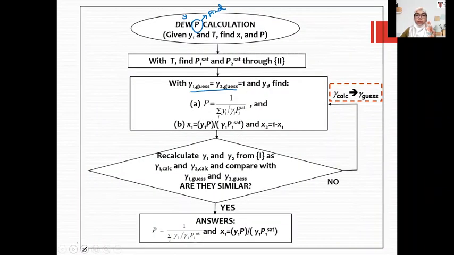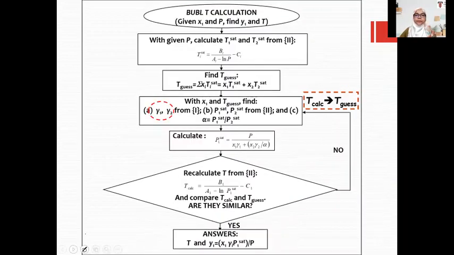That's why we need to guess the value of activity coefficient first, and then after that, when you compare and the calculated and guessed values are similar, you can stop your iteration. Otherwise, you need to proceed with a new iteration.